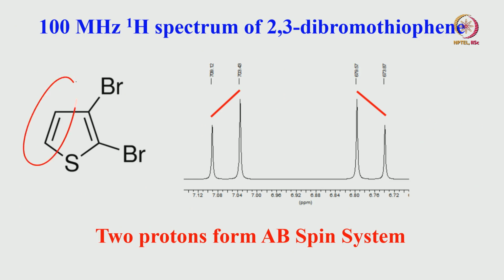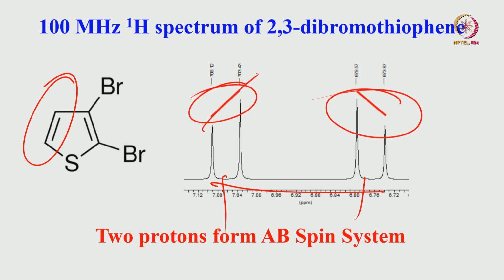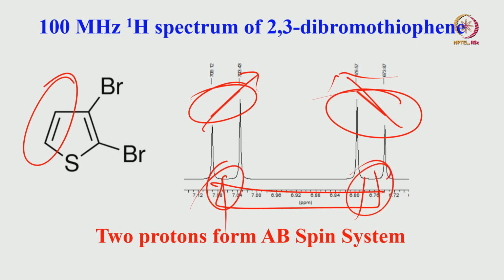Take for example this molecule, 2,3-dibromothiophene. At 100 megahertz, this is the spectrum you are going to get. But you can see this and this are far separated in chemical shift, but you see the intensities are not equal. There is a roof effect in this direction. That means it is closer to AB than AX. If you see the chemical shift separation, you can say what is the chemical shift of this, chemical shift of this, more like an AX.